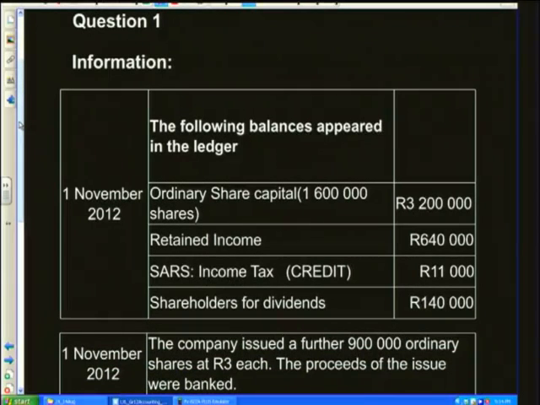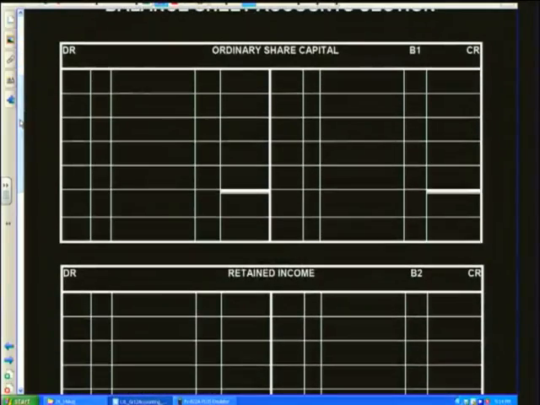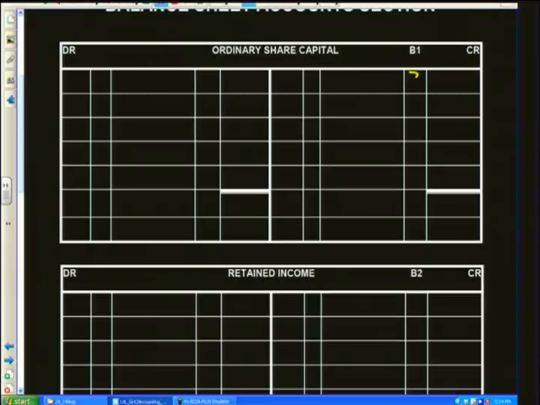Here's my information. The following balances appeared in the ledger on the 1st November 2012. Ordinary share capital, an amount of 3,200,000. Because of my limited space, I'm just going to use my folio column as well, but that's fine.